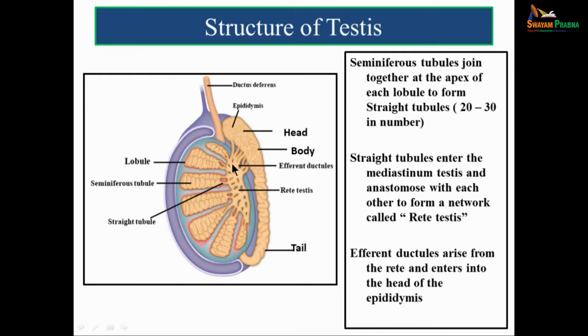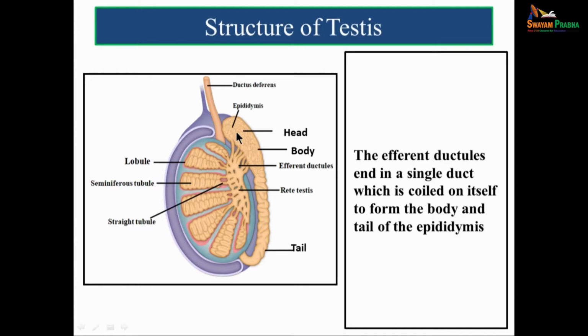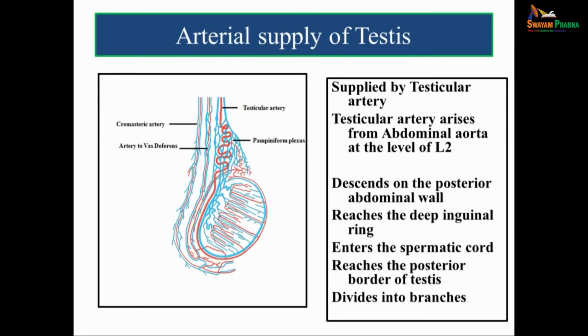The efferent ductules arising from the rete enter into the head of the epididymis. The efferent ductules end in a single duct which is coiled on itself to form the body and tail of the epididymis. So, this is the structure of the testis.